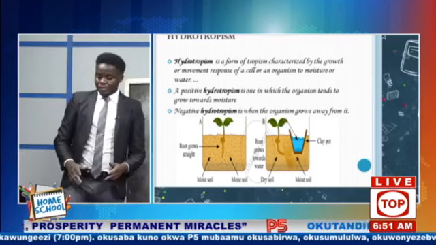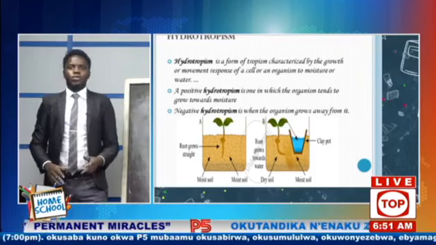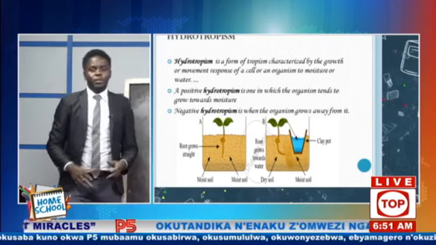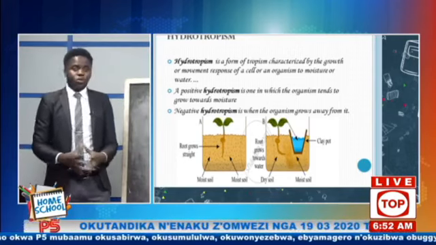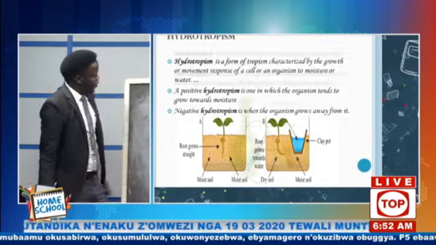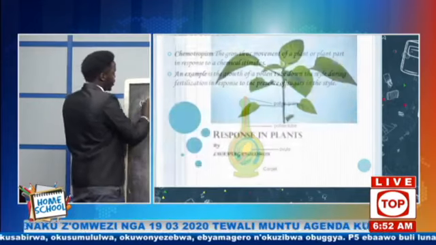And finally, I want us to look at chemotropism. Chemotropism is a growth response of plants to the direction of a chemical.